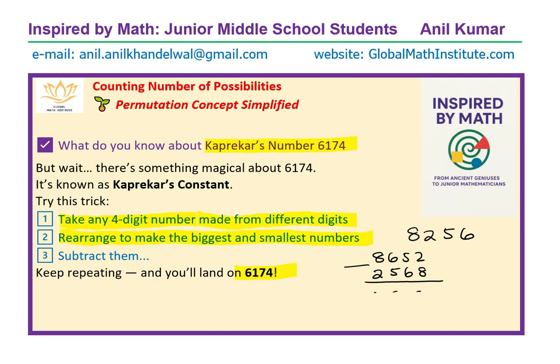Correct. This trick also works with three-digit numbers. So if you are in a smaller grade, let's say grade 1 or 2, try with a three-digit number, right? Okay, great. But we are going to explore this in more detail in our next video. So get ready for Inspired by Math and our great mathematicians. Be like one of them.